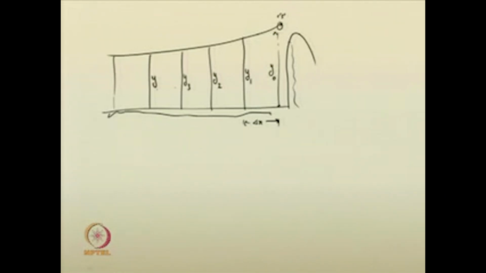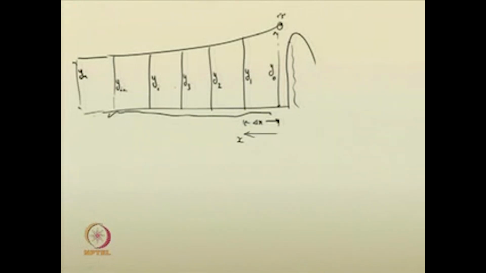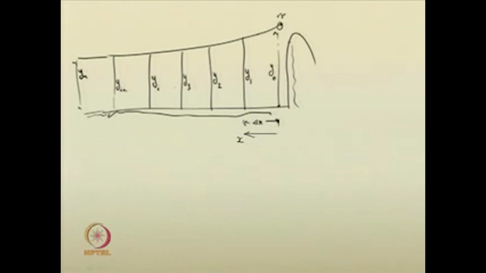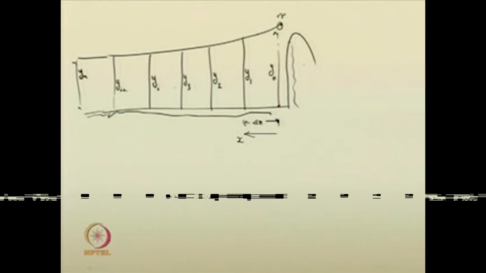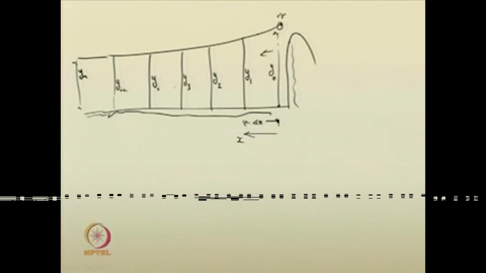Similarly, go on to y i plus 1, and this goes on till you reach your normal depth in the upstream. This is the objective in computing the gradually varied flow profile. If you discretize into such small reaches and proceed from the known value in the unknown direction, this is called the step method.